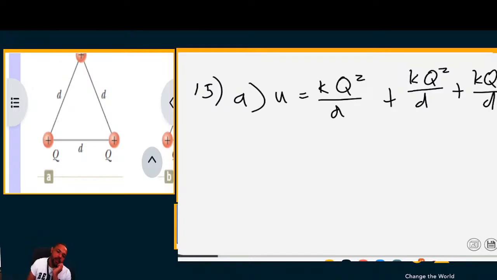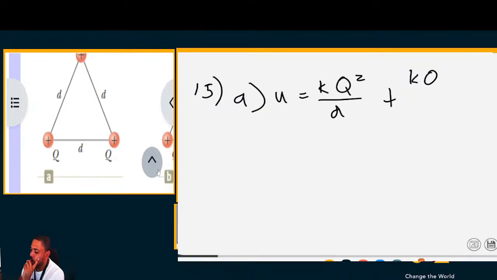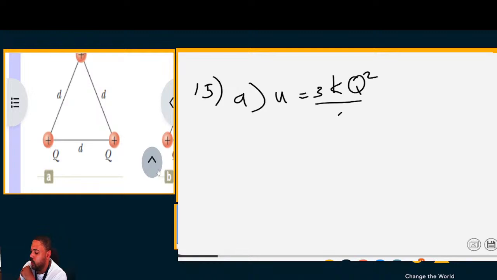All are the same distance away from each other. So basically the electric potential energy of that entire system is just 3kq squared over d. That's the electric potential energy of system A.